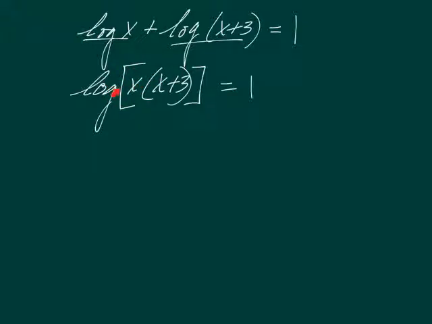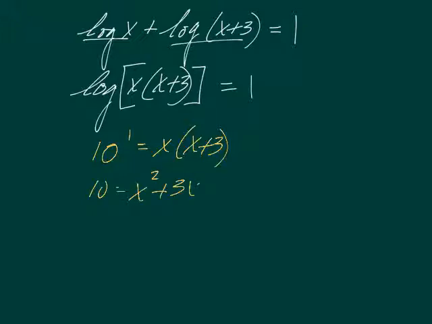And when I have 1 logarithm, then I can switch to exponential form. When I switch this to exponential form, it gives me 10 to the first power equals x times x plus 3. Then it makes it real easy just to do the math. x squared plus 3x.